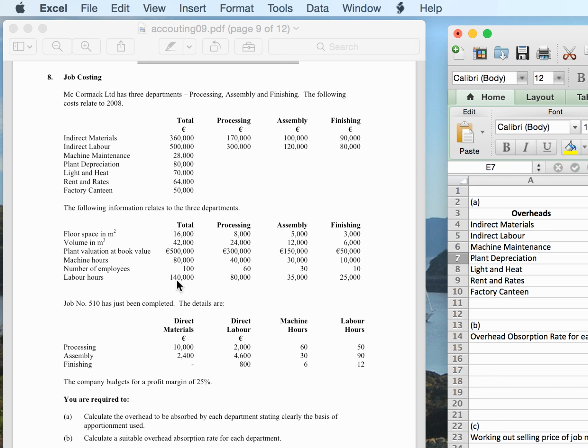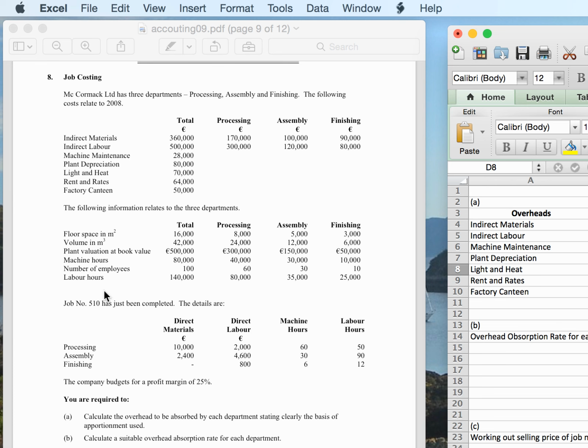The other one then is going to be 80 grand times 150 over 500, so that's 3/10. And then the last one is 50 grand over 500, so that's 10%. So it's going to be 80 grand times 0.1.